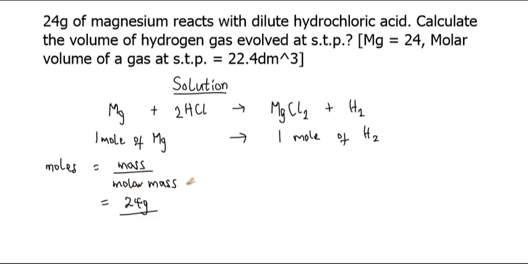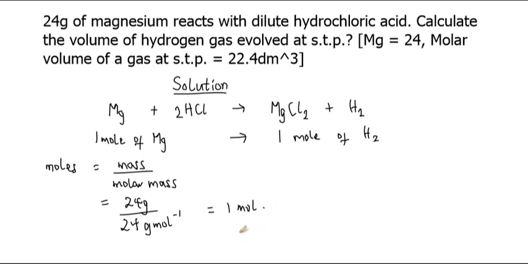The molar mass of any compound is always the sum of the atomic masses of each element present. Here we have just magnesium present alone, which means the molar mass of magnesium is equivalent to the atomic mass, since it is one atom that is present. That is 1 times 24, we have 24. Here I have 24 grams. The unit of molar mass is always grams per mole. Now calculating this, I have 1 mole.